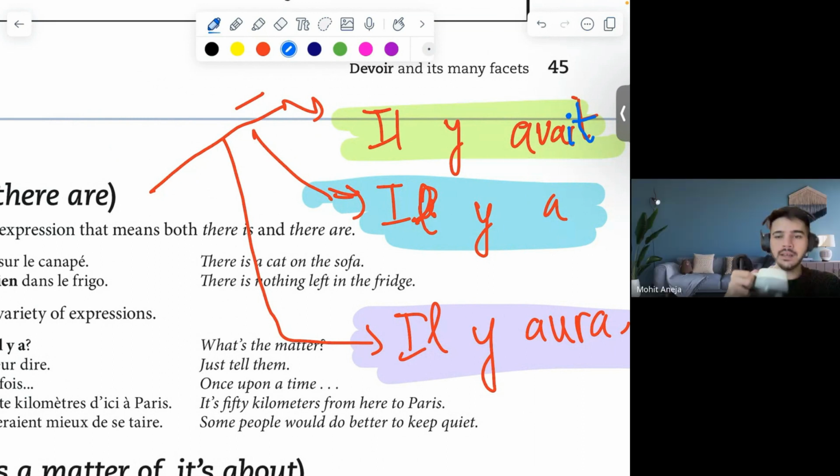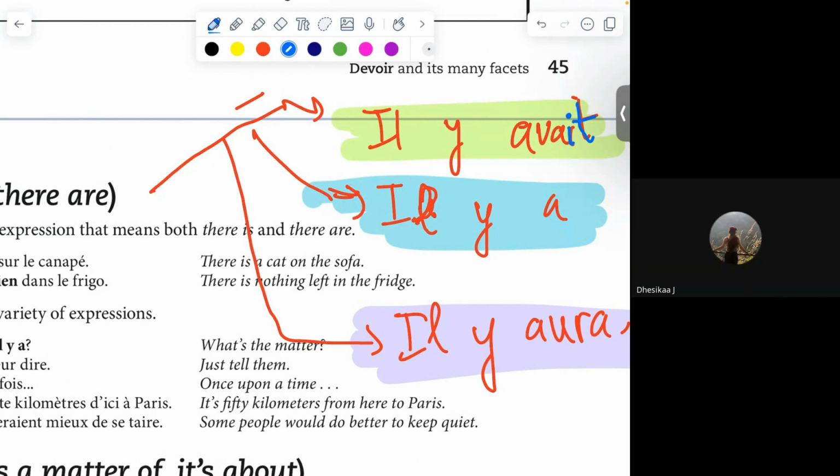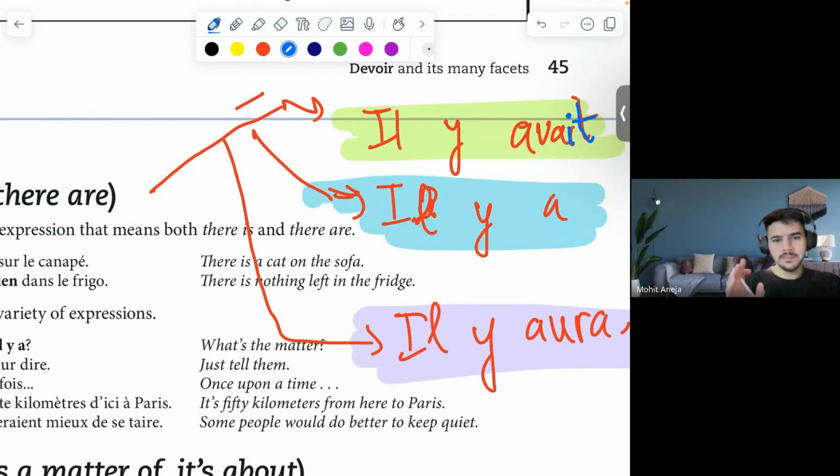Desika, can you say this out loud again? Then the second one, il y a. Hussein. The last one is il y aura.